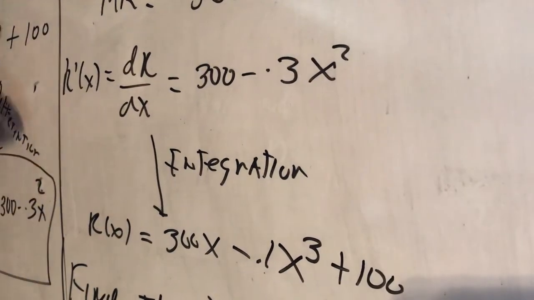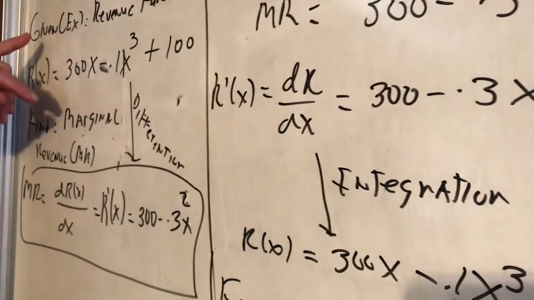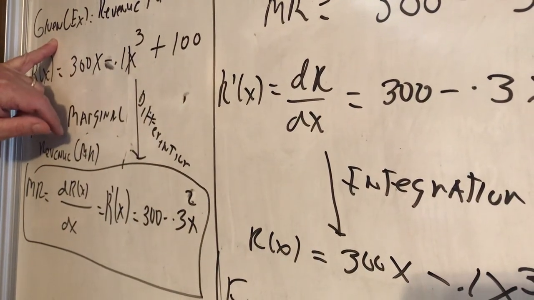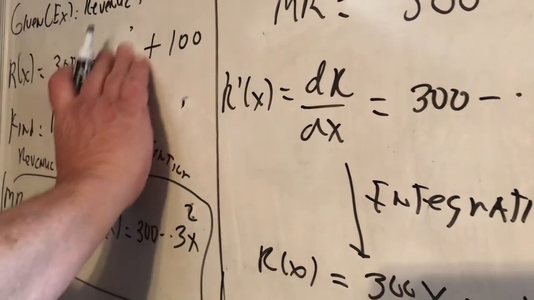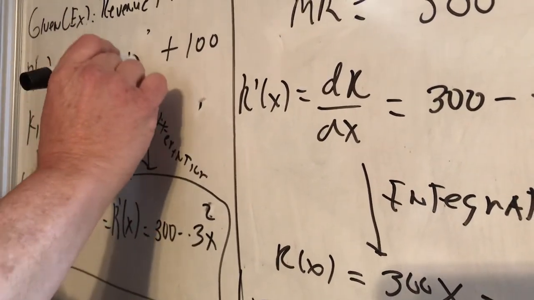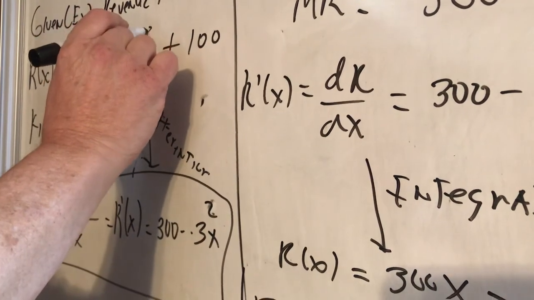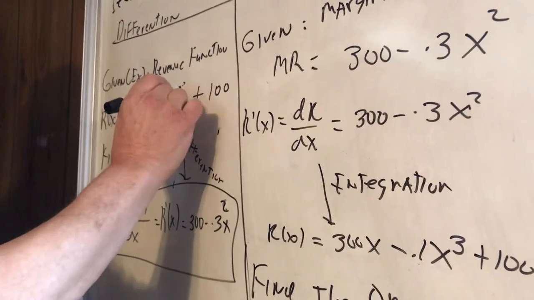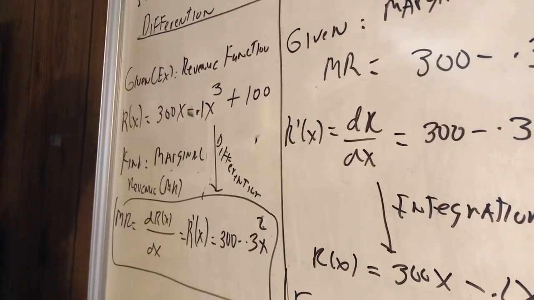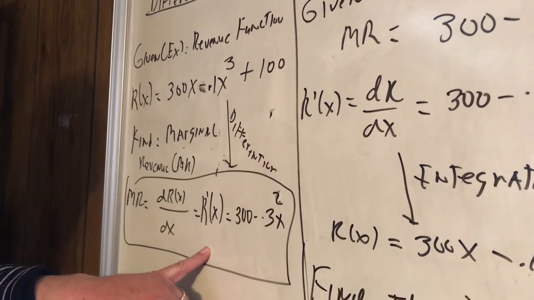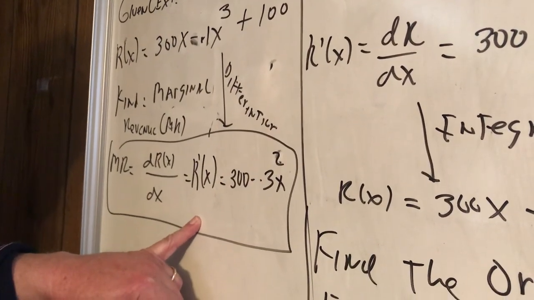Now, we use differentiation to go from the function, the revenue function, 0.1x cubed, to the marginal revenue, or the first derivative.